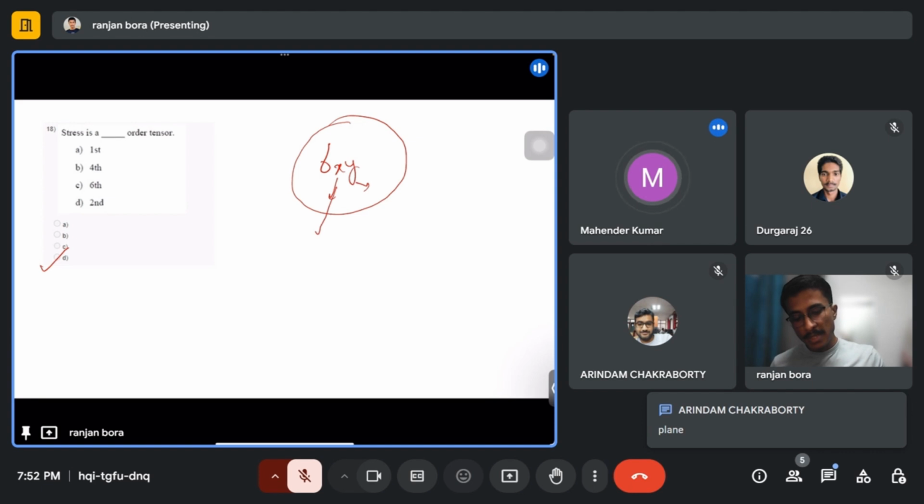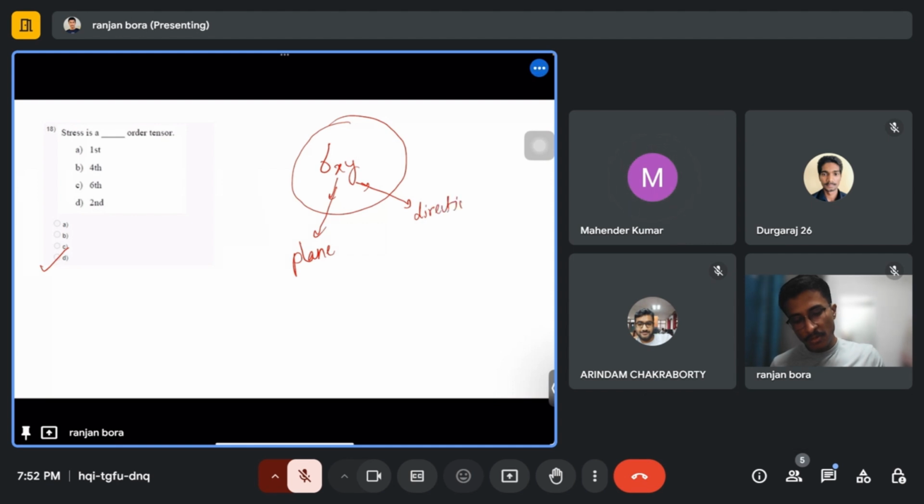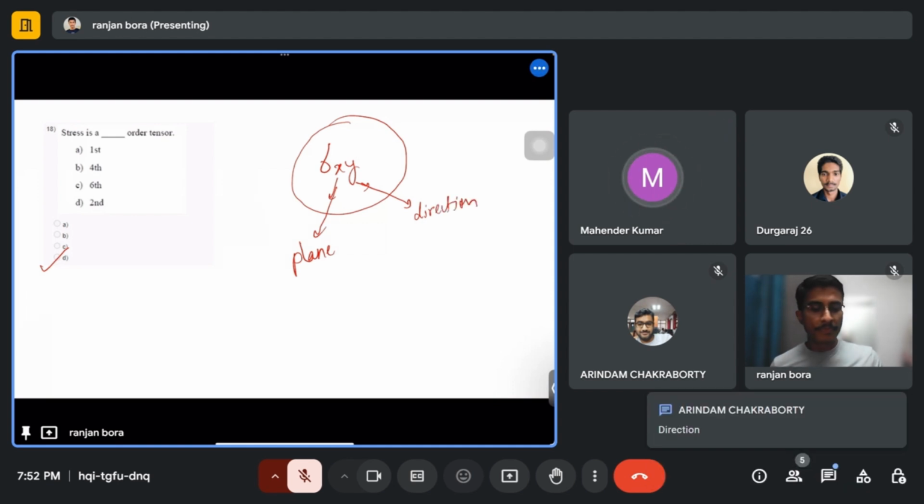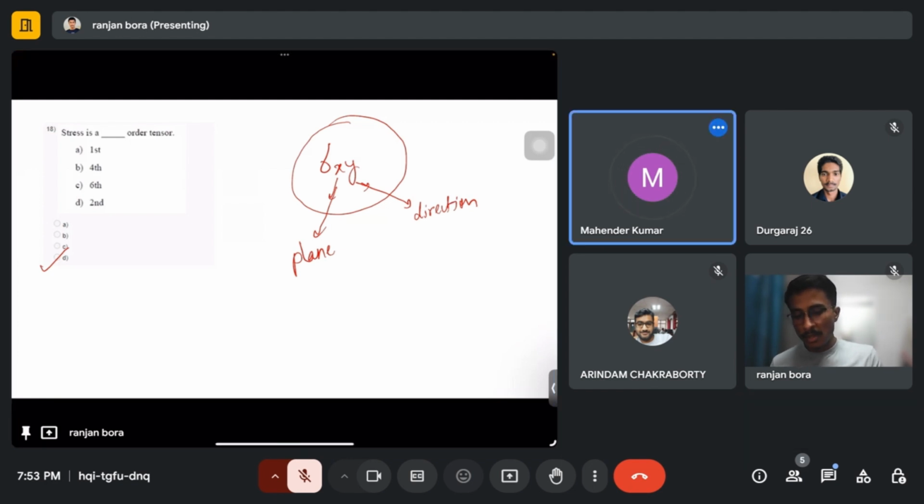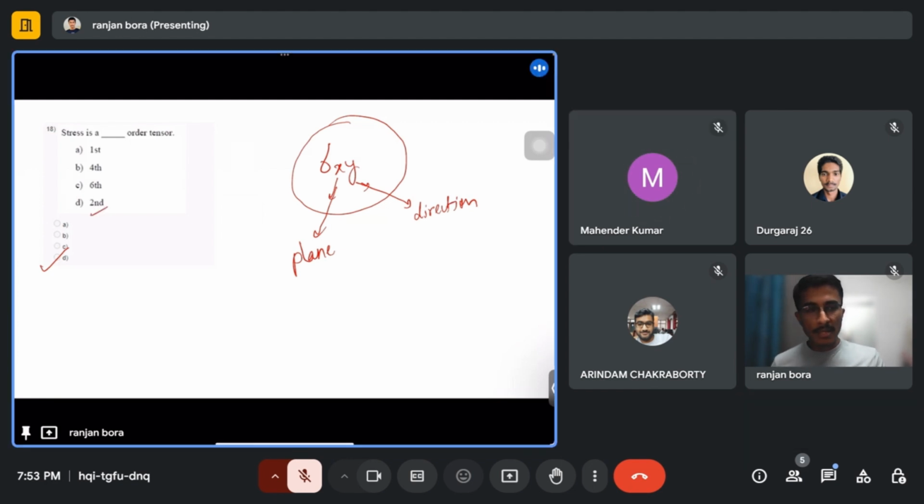Yeah, x represents the plane and y represents the direction. So we need two parameters to represent the stress. That's why we call this stress second order.